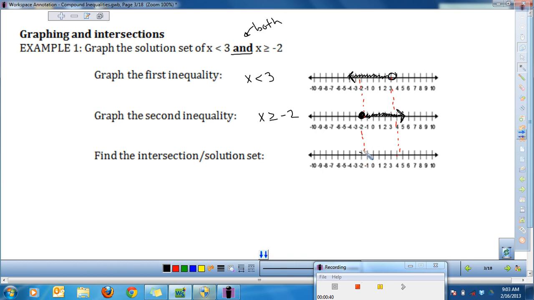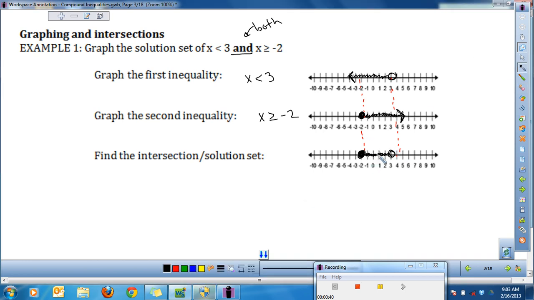So I'm going to copy down my closed dot at negative 2 for the greater than or equal to, and my open dot at 3 for the less than. My solution is going to be where they cross in the middle, so I'm going to shade the middle. This is my solution, and let's talk about why that solution works.